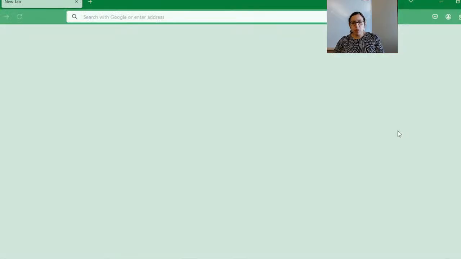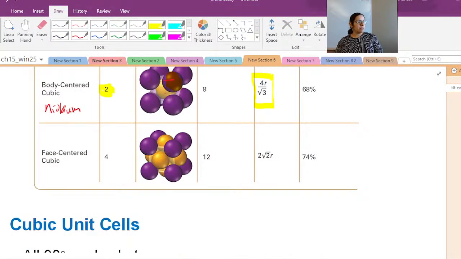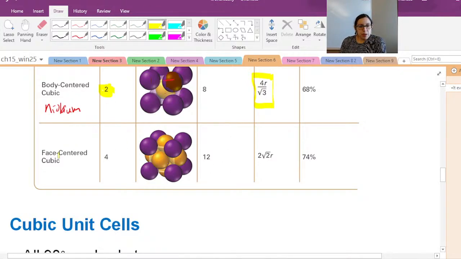Again, I couldn't find a 2 different atom example in reality, but instead we have aluminum as a good face-centered cubic, as shown here. Relevant points is that our face-centered cubic can now fit 4 atoms in there. We can see that with our little atoms here.